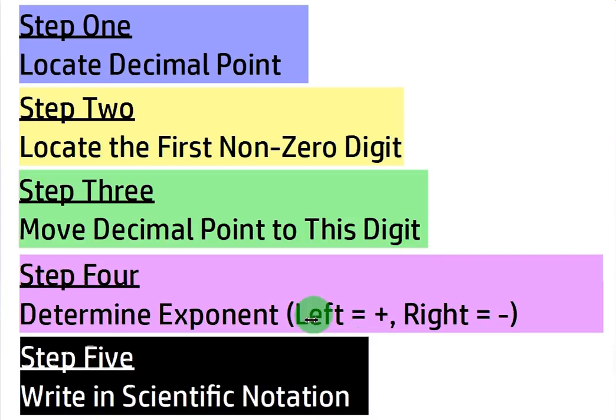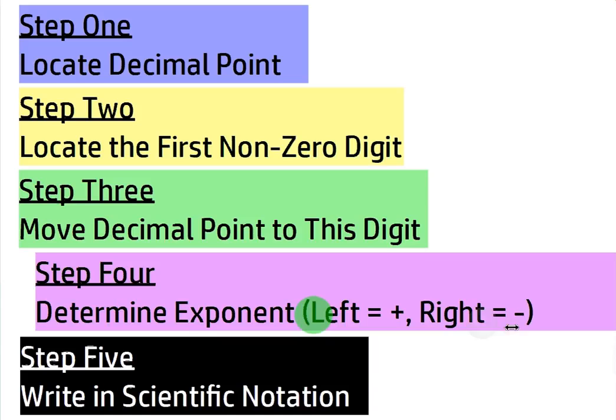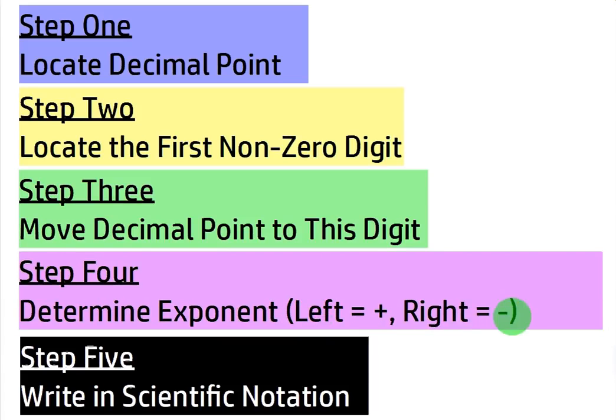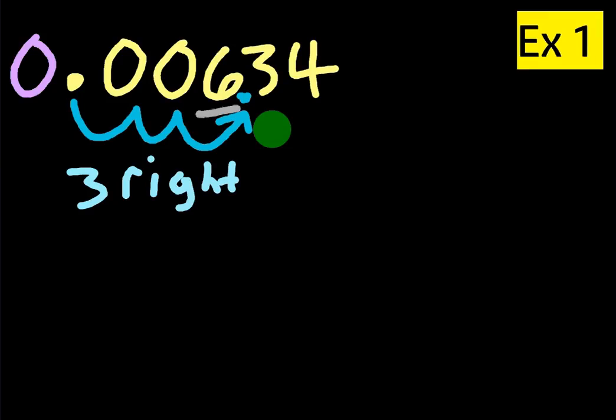Okay. So since we moved it to the right, believe it or not, when you move the decimal to the right, the exponent's going to be negative. You're going to see why in just a second. Okay. So if you move it to the left, your exponent will be positive. If you moved that decimal to the right, it will be negative. Okay. So that means in this particular case, our exponent is going to be negative 3. Okay. It's the opposite of what you would think. You're going to see why in just a second.